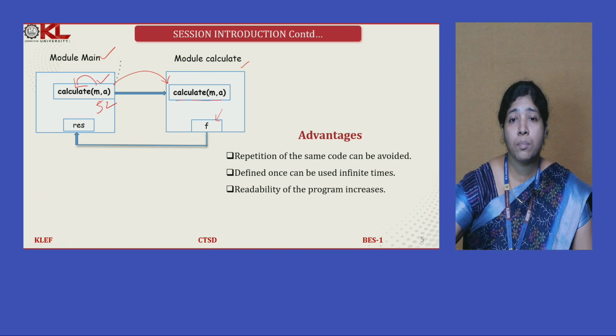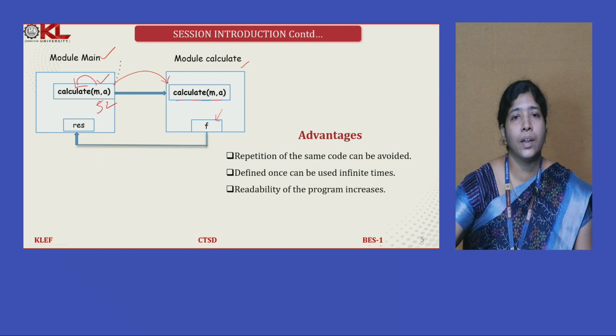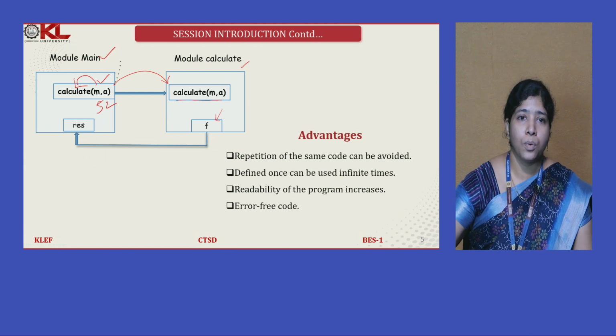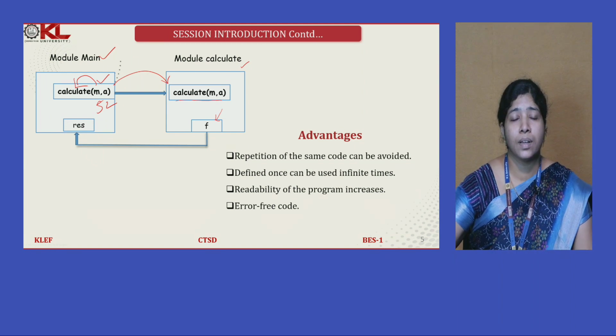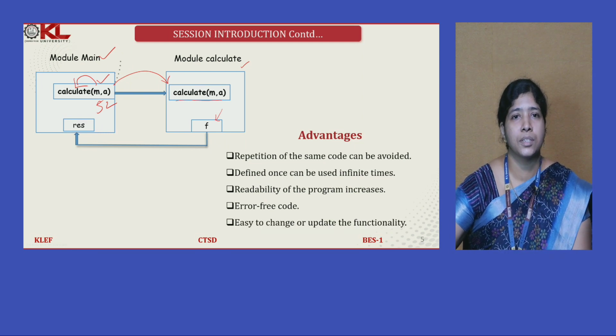Also the main advantage is that it is error free code, because we can easily identify exactly where the problem has arisen, and we can rectify that. That's why debugging will be easy if we are working with functions.